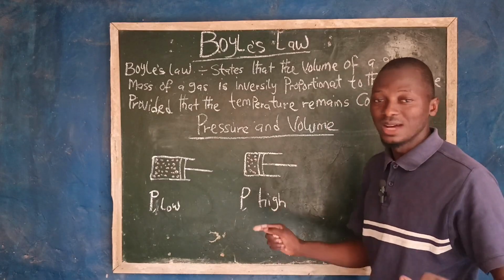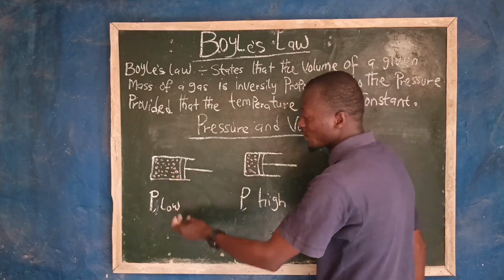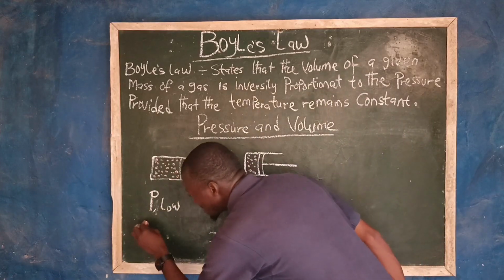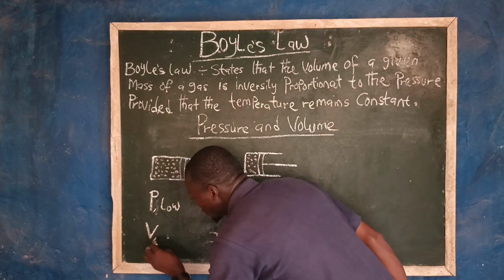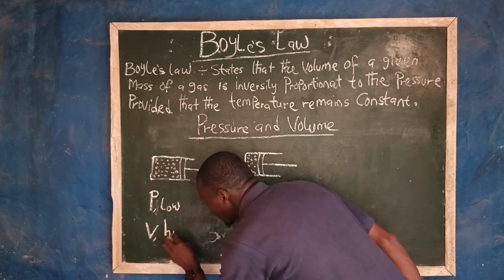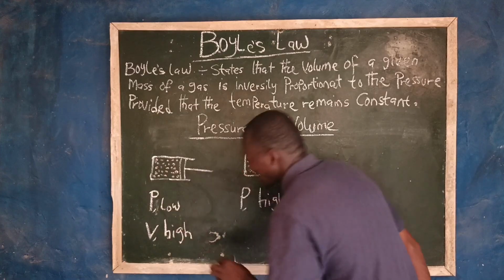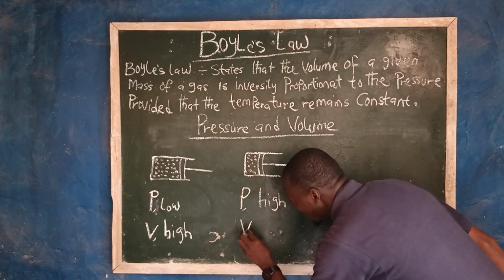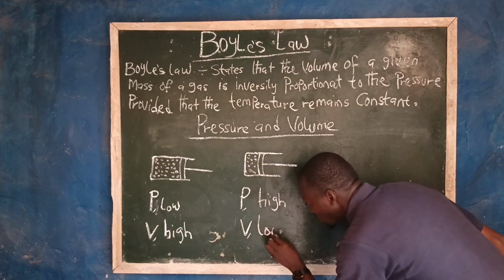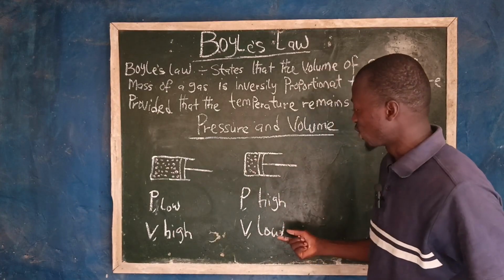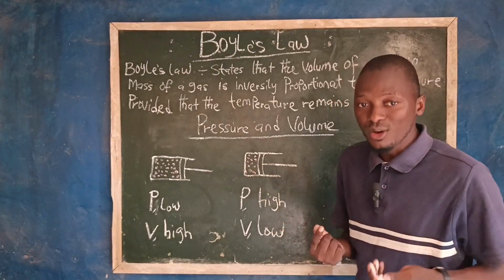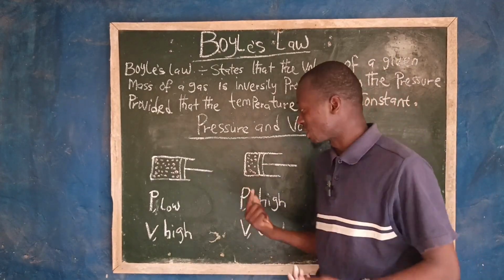You understand? Now you can easily say that this one has high volume, which is V high. And here we have V low, because there are not enough particles moving inside the container.